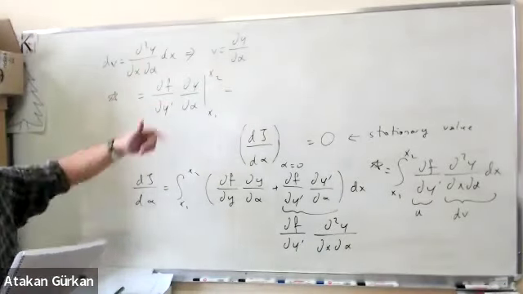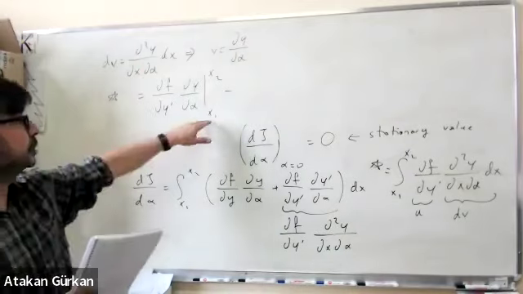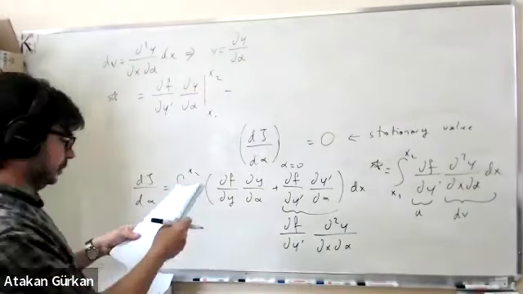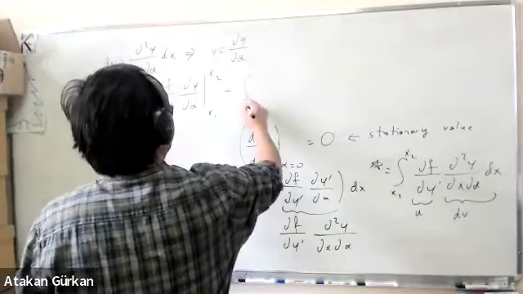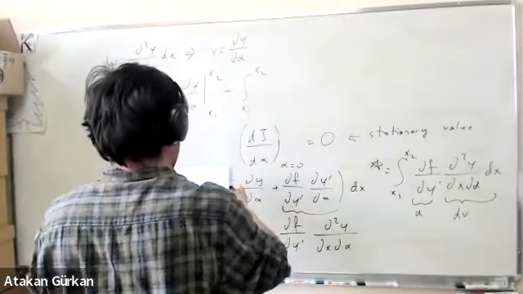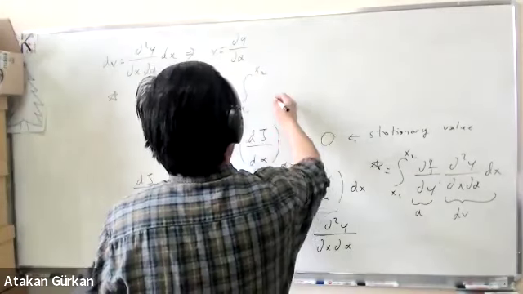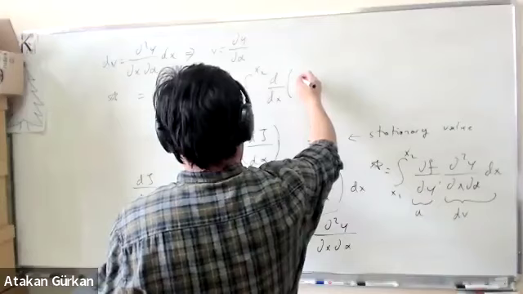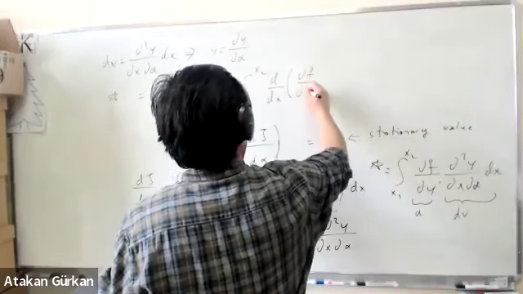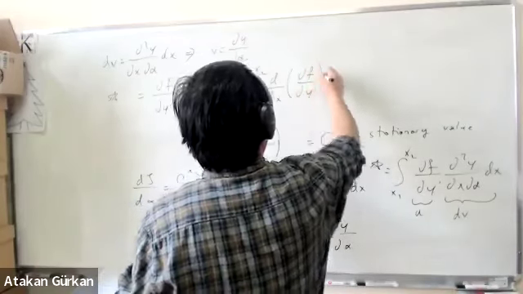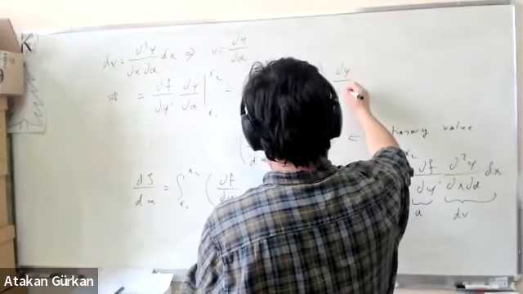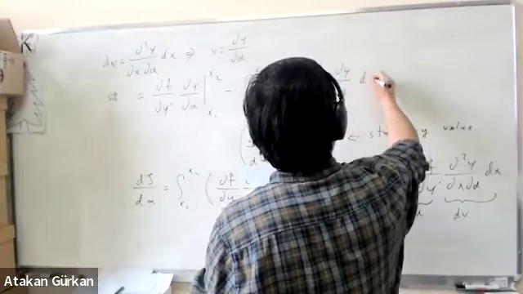That uv, of course, you need to evaluate at the endpoints. If it's an indefinite integral, you don't keep it. Minus the integral from x1 to x2 of d by dx of del f by del y prime, times del y by del alpha, dx.